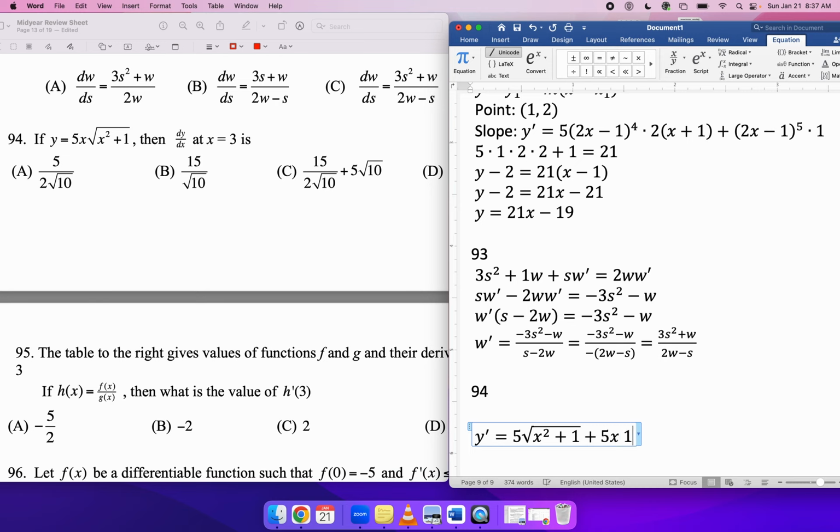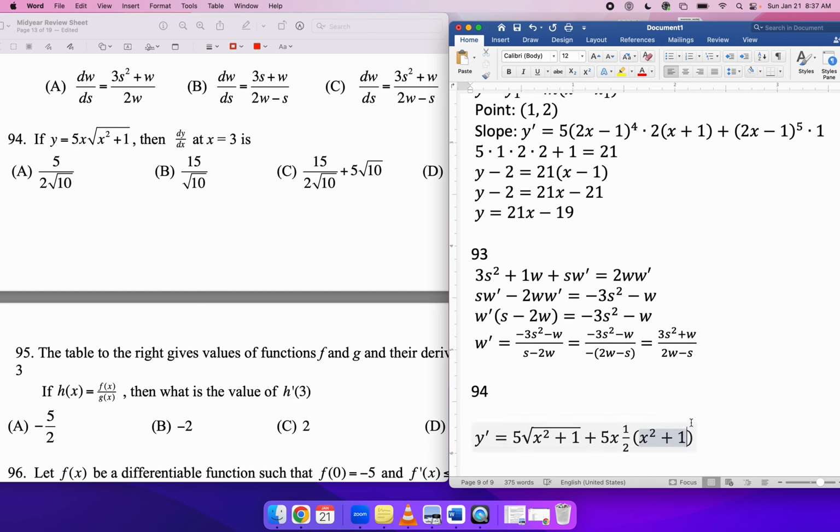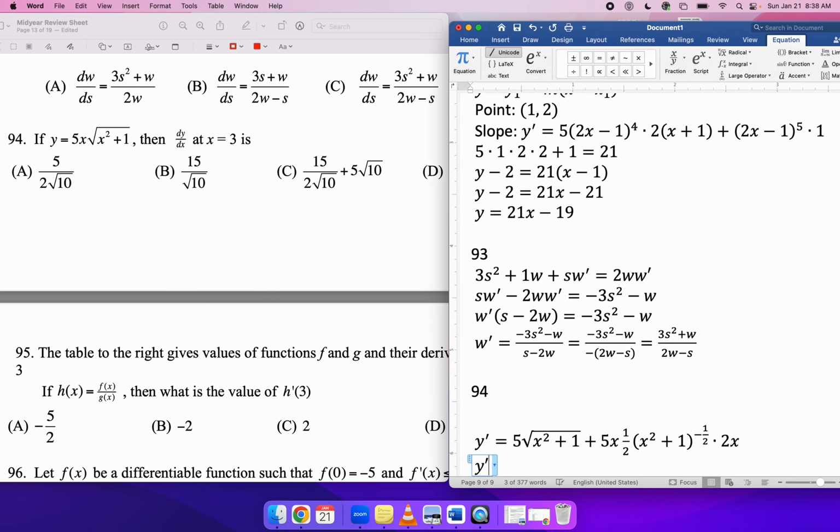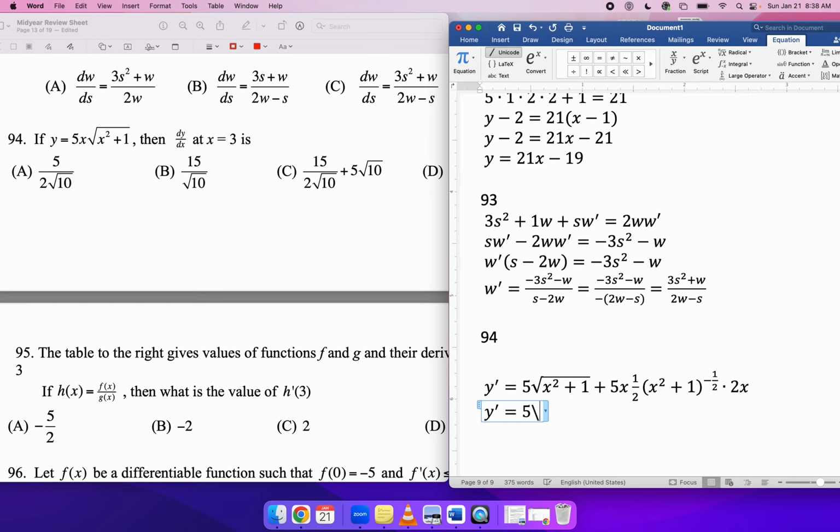What's the derivative of the root expression? It's 1/2 times x squared plus 1 to the negative 1/2, and then times the derivative of the inside function, which is 2x. So this needs to be simplified. So 5 root x squared plus 1 plus, let me see what's going on here.